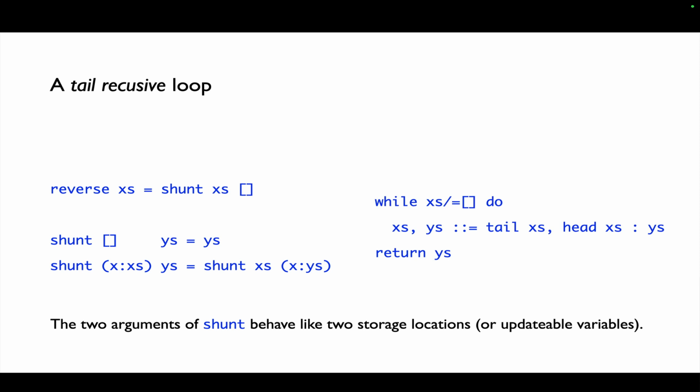If we start with an empty list there, we'll finish up with the reverse of x's in the variable y's. So this tail recursion in Haskell or in any other functional language behaves like a program with updatable variables in a traditional programming language.